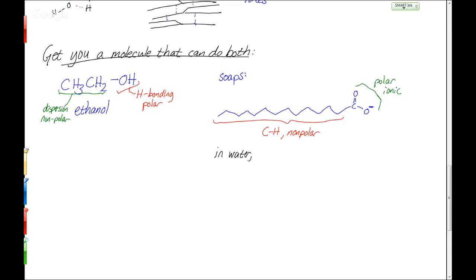So in water, it makes this thing called a micelle that looks like this. The O's are on the outside, and then the long carbon-hydrogen chain kind of goes on the inside like this.